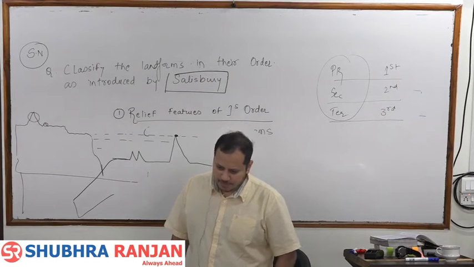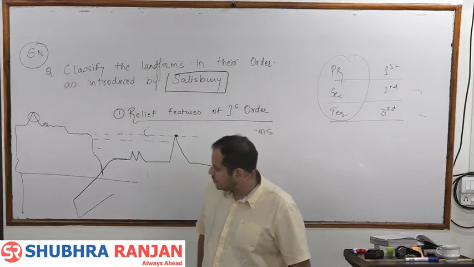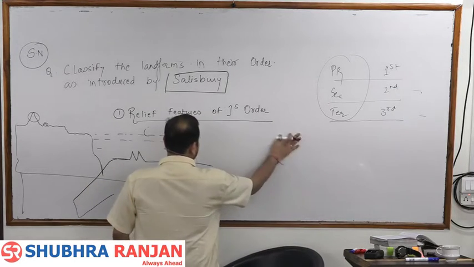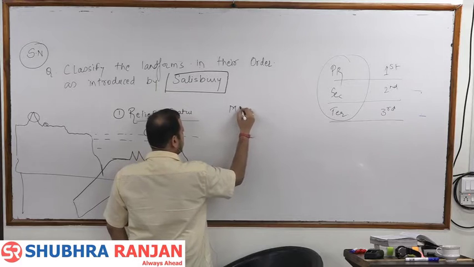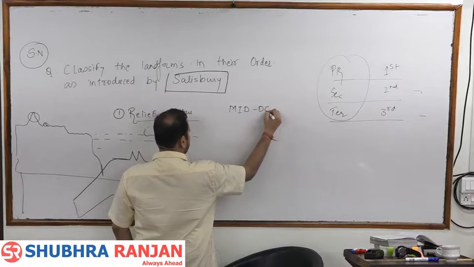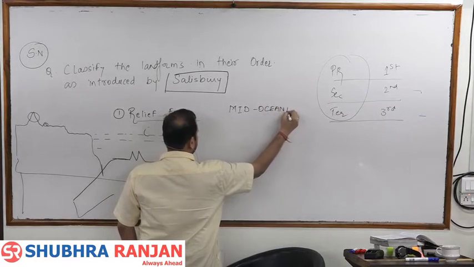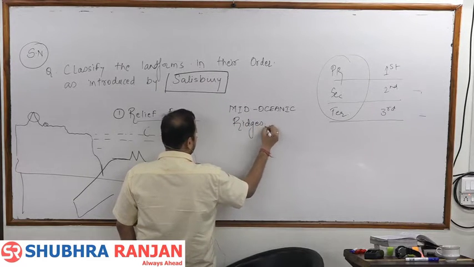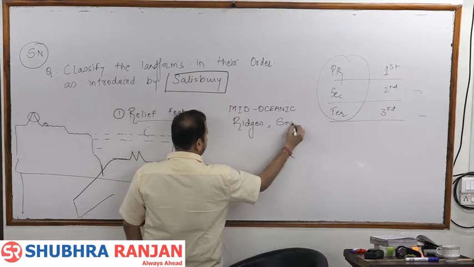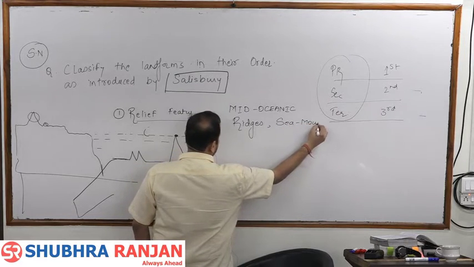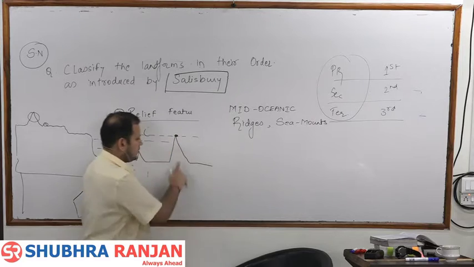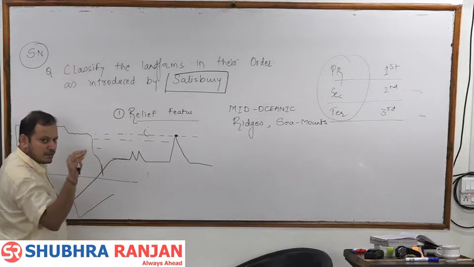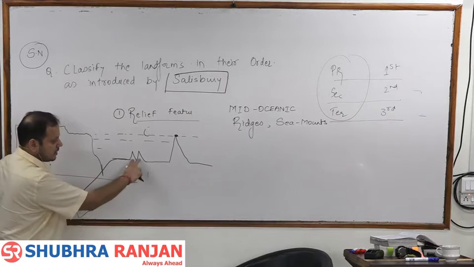and mid-oceanic ridges, comma, sea mounts. This is a seamount. A mountain which is of a lower height but parallel is known as ridge.